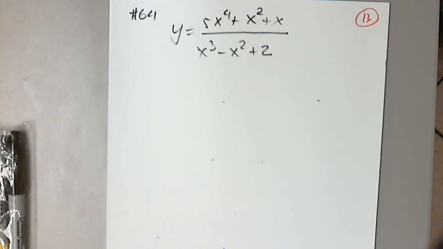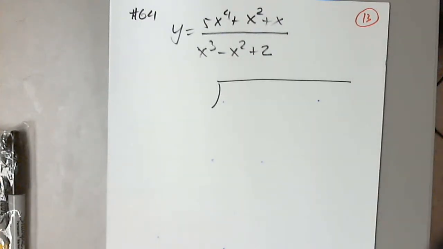And the answer is yes, only if the degree of the top is exactly 1 unit higher than the degree of the denominator. Otherwise, the answer is no. So, yes or no? Yes. Yes, perfect.